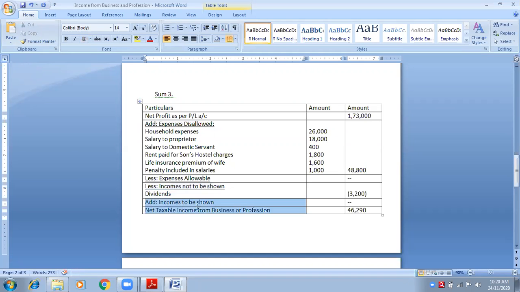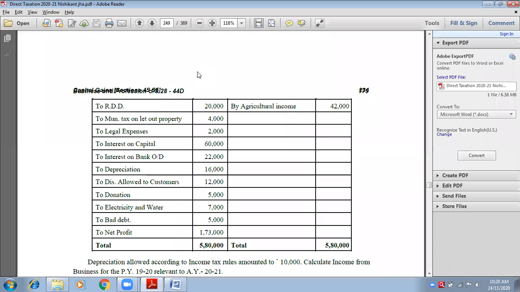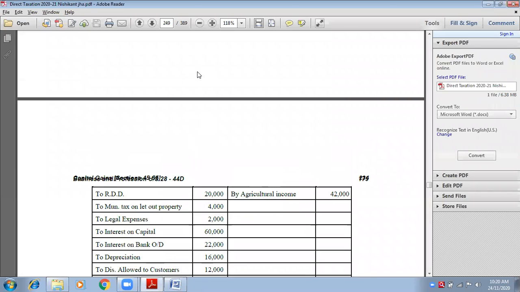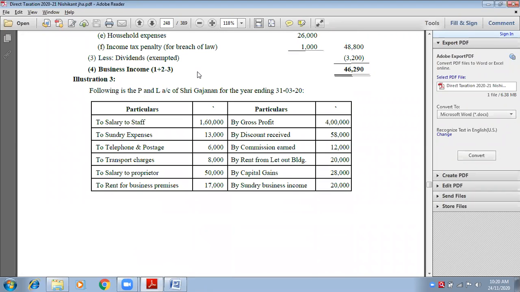Debit side and adjustment. Adjustment, very good. So let us start looking at the debit side first. You will tell me whether we need to disallow or not.